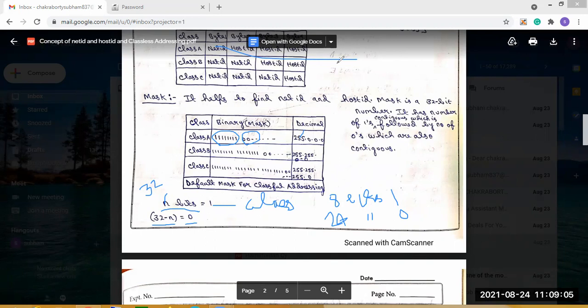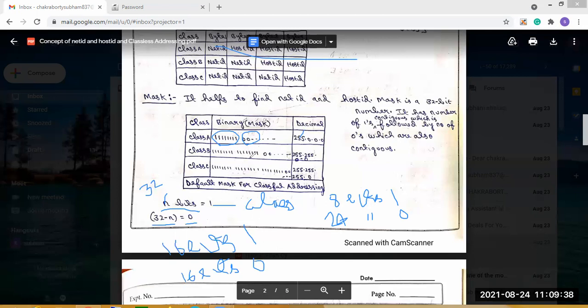So instead of 8 bits, it will be 16 bits of 1, followed by 16 bits of zeros, because 32 minus 16 is 16.